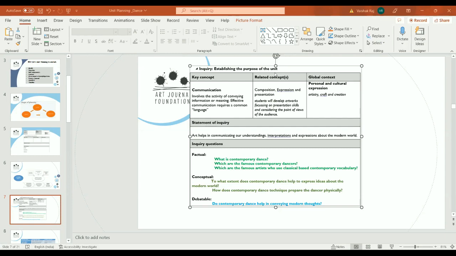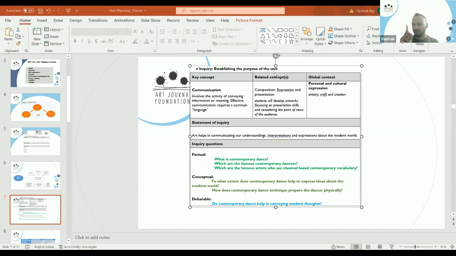Conceptual is when you explore. How am I able to identify between classical and hip hop dance, or between classical and contemporary dance? Now conceptually, I'm comparing and contrasting, I'm delving deeper into it. Conceptual question. Debatable is: is classical dance relevant in today's scenario? Debatable question. There might be yes also, there might be no also.